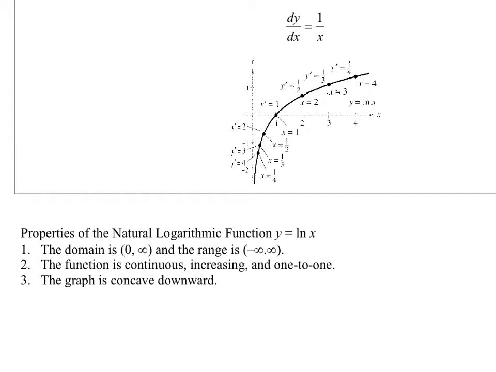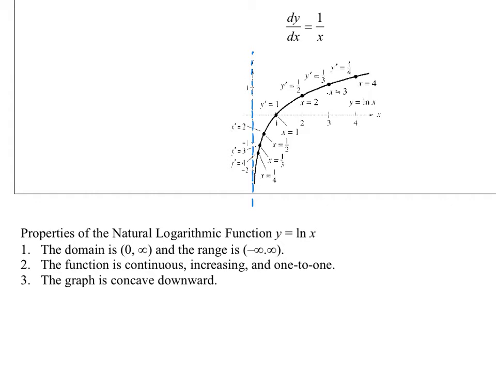First of all, remember the domain for the natural log is all positive real numbers greater than 0. There is an asymptote at 0. So the domain is the real numbers greater than 0. The range is all real numbers.